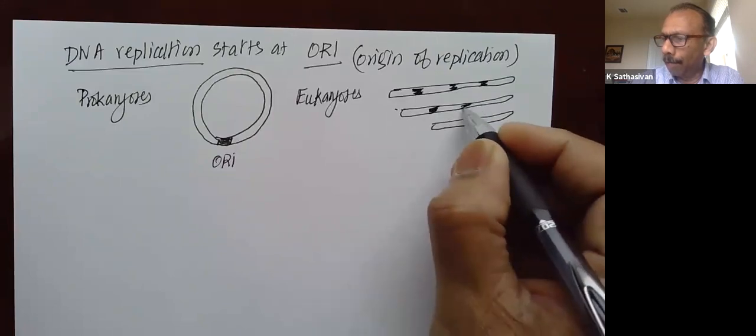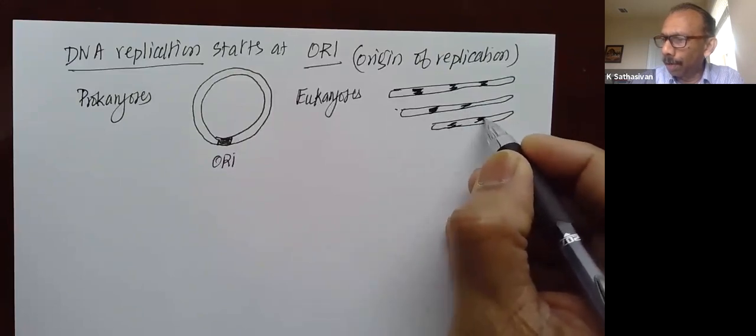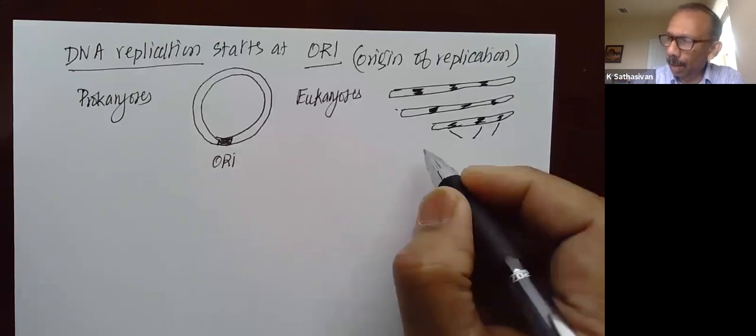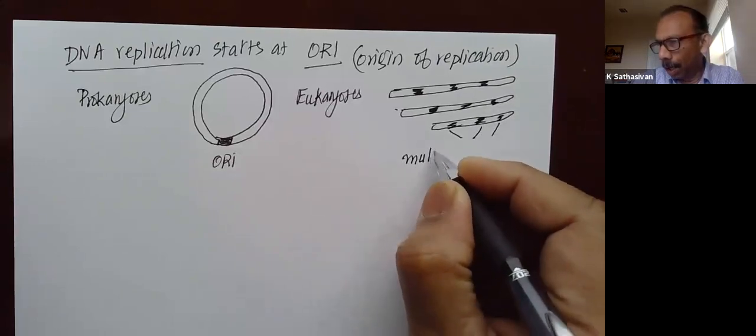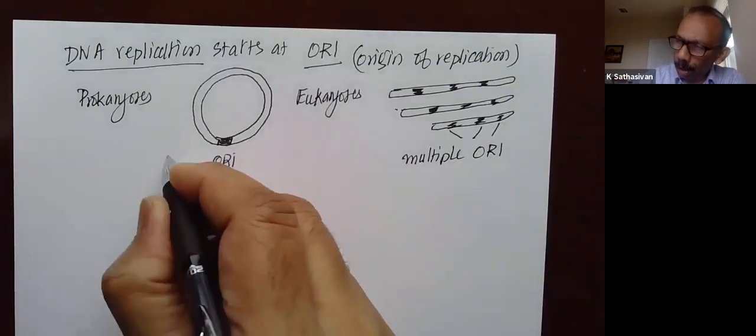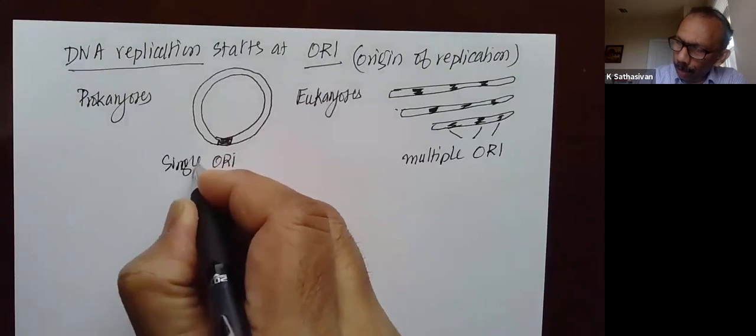So they have multiple origins of replication. Here, in prokaryotes, it's a single origin. Okay.